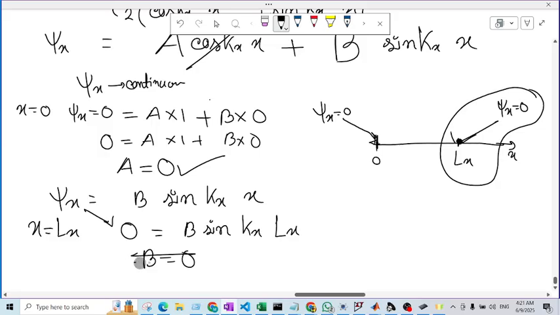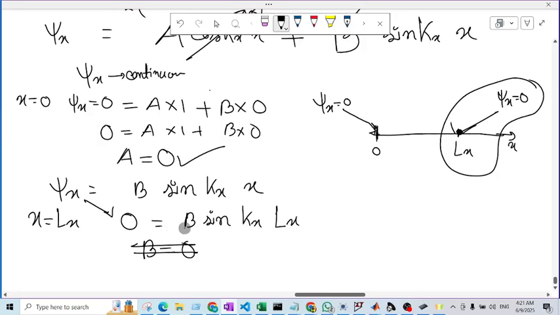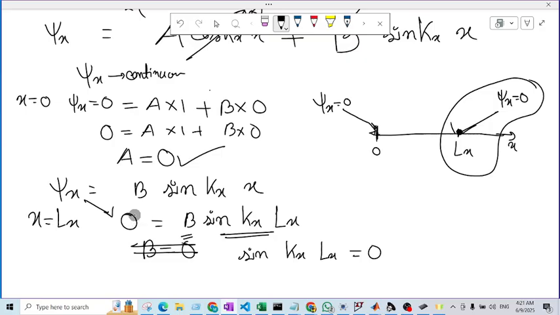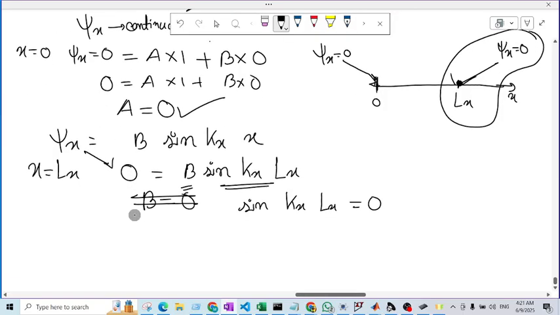So we have two things here, one is b and another is sine. So b is not equal to 0. So definitely sine kx lx is equal to 0, to make the other side equal to 0, right? Okay, so sine kx into lx is equal to 0. Why? Because a and b cannot be simultaneously 0.